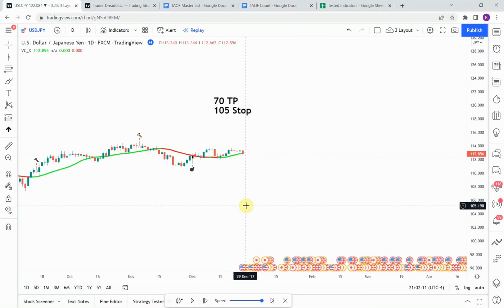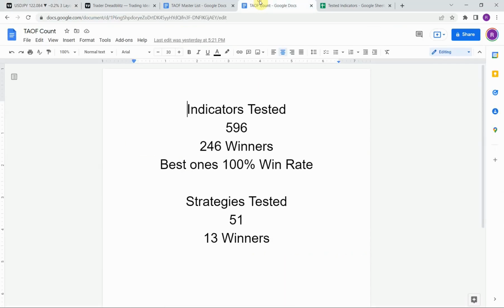Alright, as I said, today we will be testing the long-tailed candle indicator. Before we do though, I wanted to put the testing scoreboard up for everyone to see. So to date, we have tested a total of 51 different strategies, with 13 of them being profitable. We've also tested a total of 596 indicators, with 246 of them being winners.